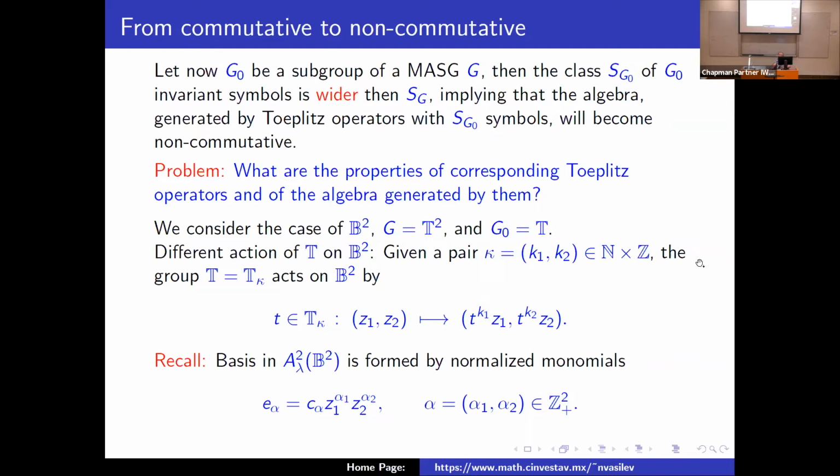So they will act quite differently. And let me remind you that the basis in this Bergman space is formed by normalized monomials. So we need to raise z1 to the power alpha 1, z2 to the power alpha 2, with alpha 1, alpha 2 from this set.